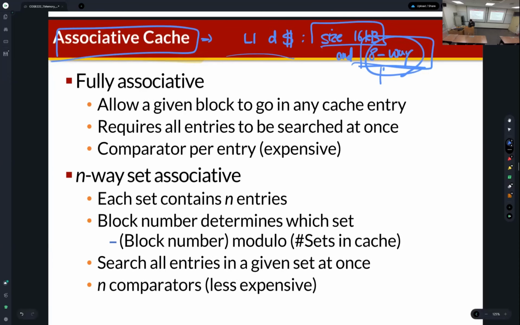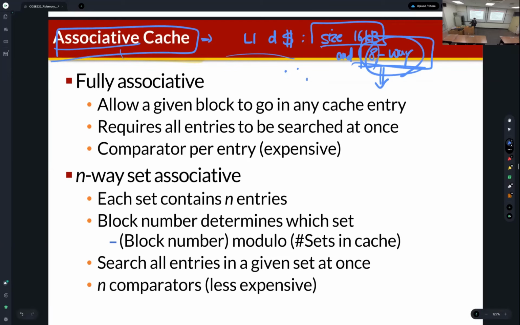This 8-way represents the associativity of cache. So this number 8 represents the associativity of cache. Then what does associativity mean for this cache organization?